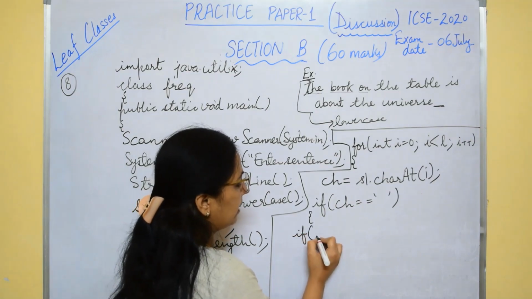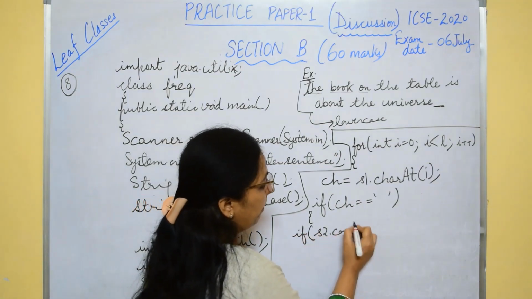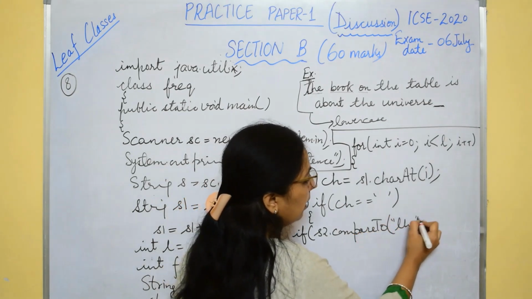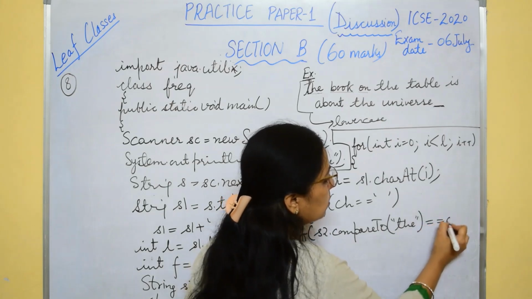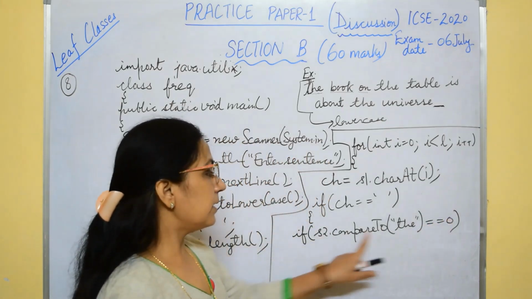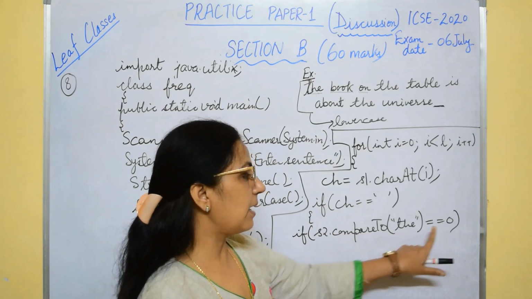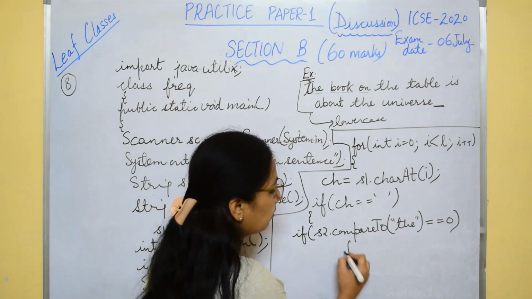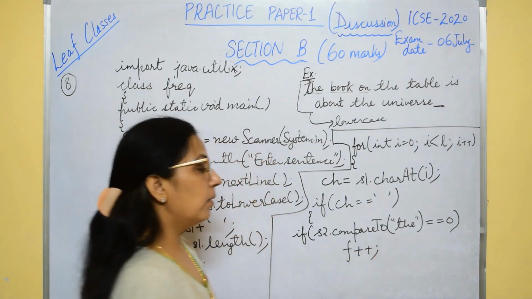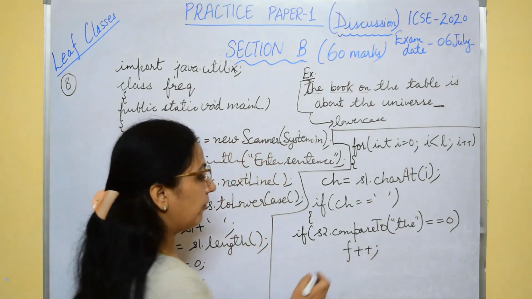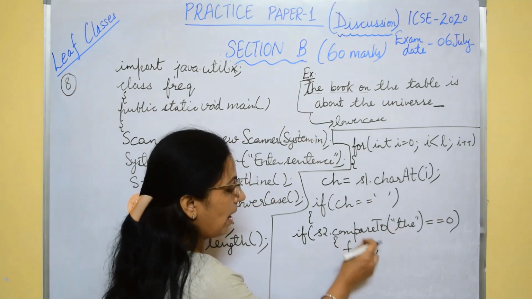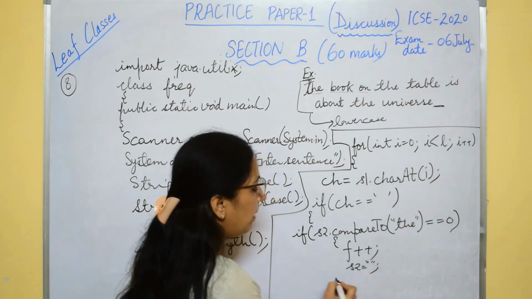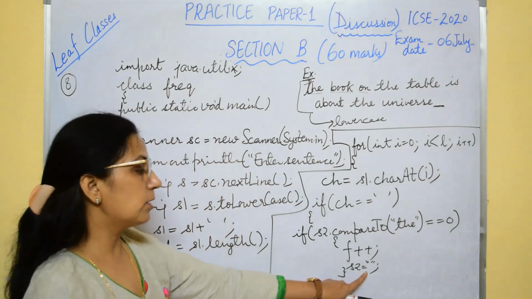For that we'll write if s2.compareTo("the") is equal to 0. When these two are exactly the same, the answer will be 0. So if it is true, that means we have got one word "the", and as soon as you have compared, you will make this word blank again, s2 equals to blank.